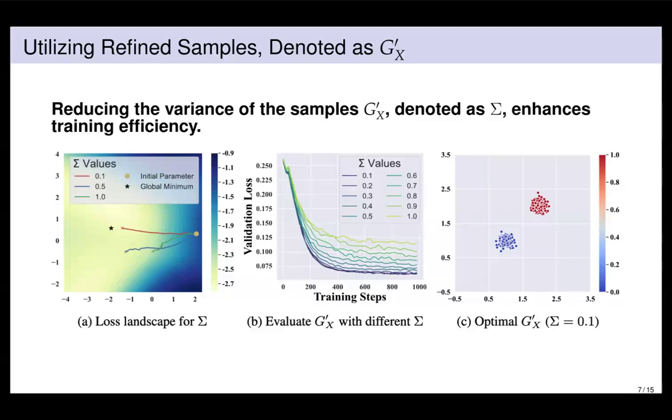The targets still remain zeros and ones, but the samples come to be like the mean of each distribution.